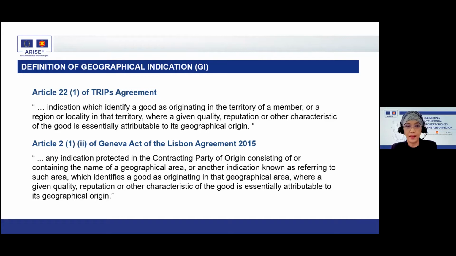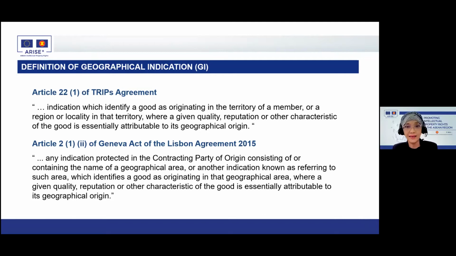So by the time we knew that the importance of protecting GI worldwide was rising, the members of the old Lisbon Agreement were only several states. So the Lisbon system tried to open the possibility to also protect geographical indication. That's the story behind the Geneva Act that was endorsed in 2015.